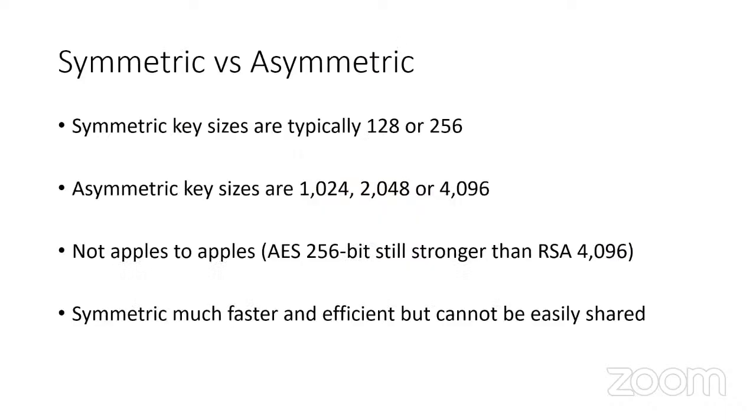Now, I'm guessing a lot of folks know this, but they're not apples to apples. A 2048-bit RSA key sounds really big. It is pretty big. But it's significantly weaker than a 256-bit AES key, though definitely stronger than a 128-bit AES key.